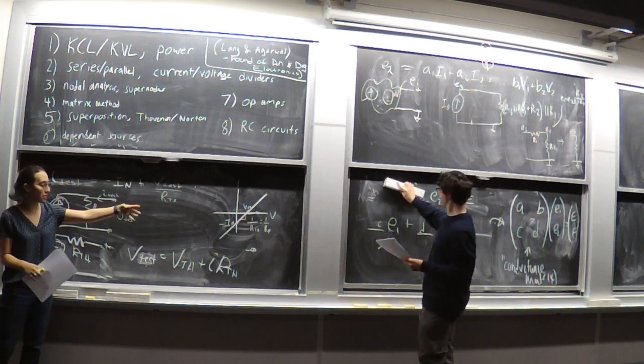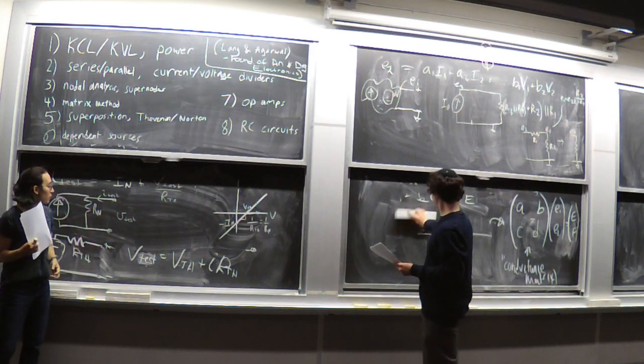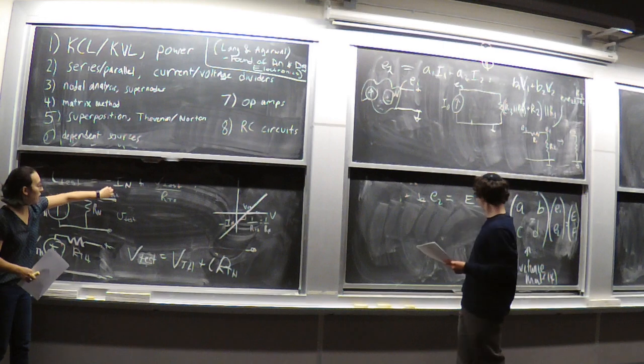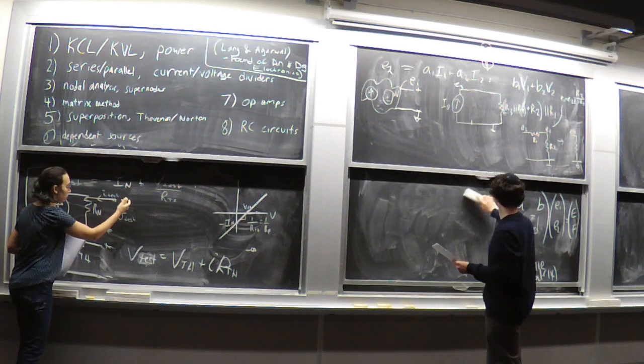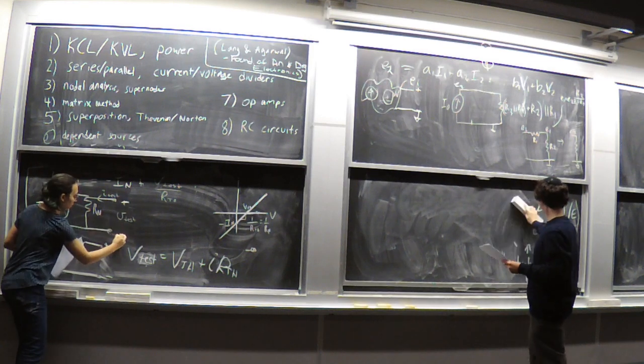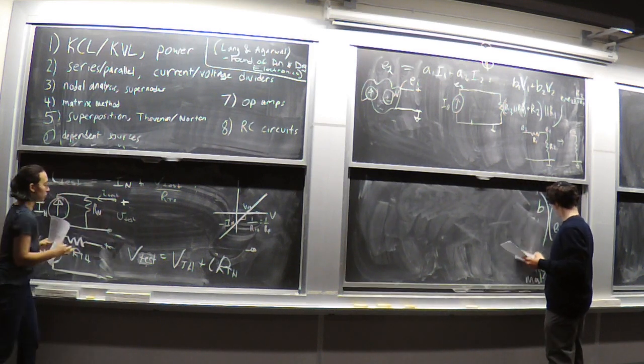So when we do these IV characterizations, it's always the current going into what we've defined to be the plus terminal and the minus terminal.